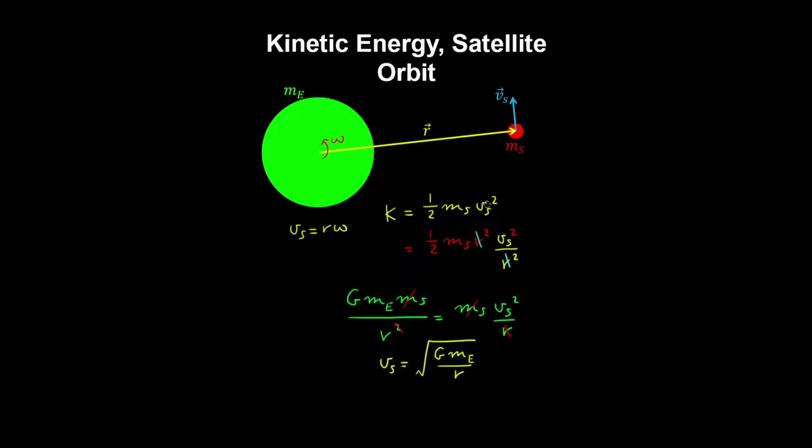And if we substitute this in the kinetic energy expression, we can write the kinetic energy of the orbit as follows. So given the speed of the satellite is inversely proportional to the square root of the radius of the orbit, then it makes sense that the kinetic energy is inversely proportional to the radius of the orbit.